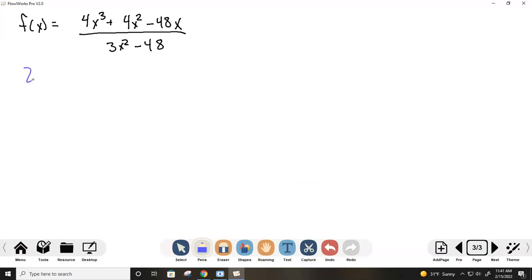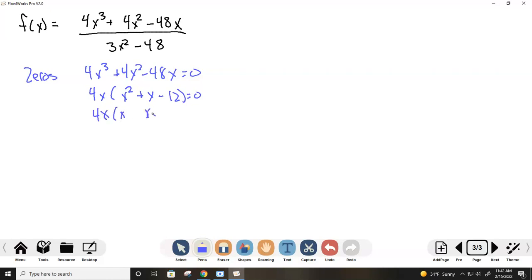Okay, again for my zeros, 4x cubed plus 4x squared minus 48x equals 0. I have a common factor of 4x in there. So x squared plus x minus 12 equals 0.